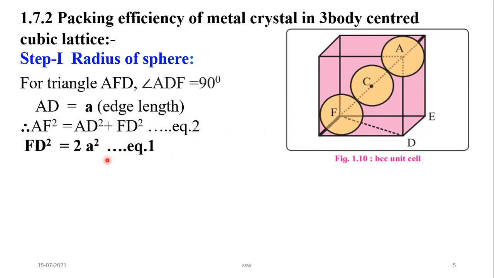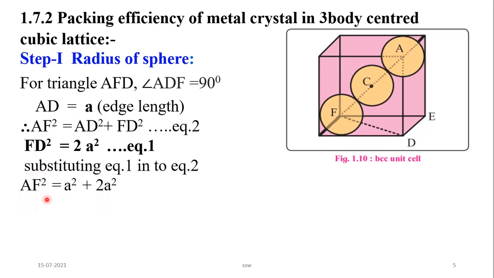Substituting this value, we get AF square is equal to A square plus FD square, that is 2A square, and therefore AF square is equal to 3A square.